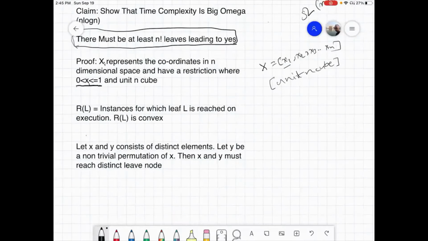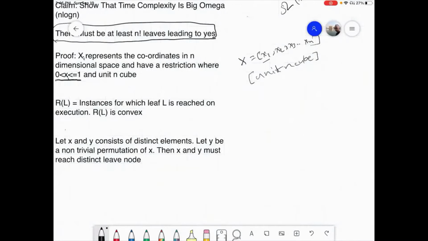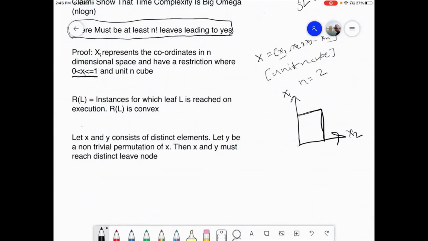We can't actually draw an n-dimensional space, so we'll just assume it is a two-dimensional space, so here n is equal to 2. Let's say this is the x1 axis and this is the x2 axis, so this is the cube space. When you consider any point on this line, x1 is equal to x2.